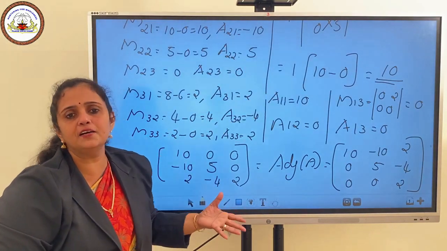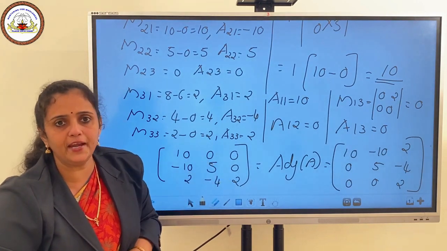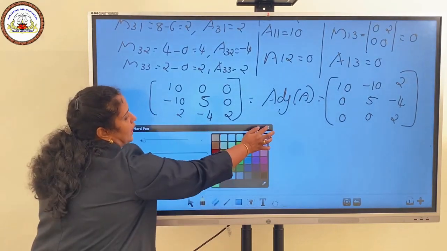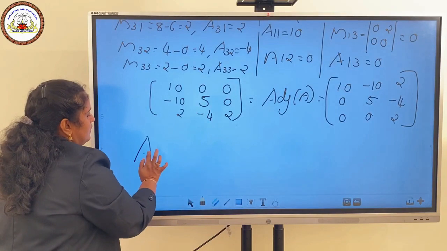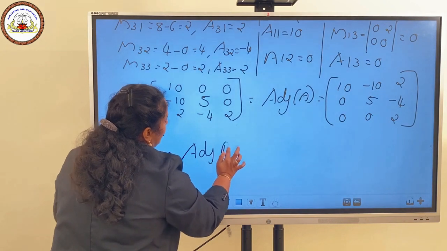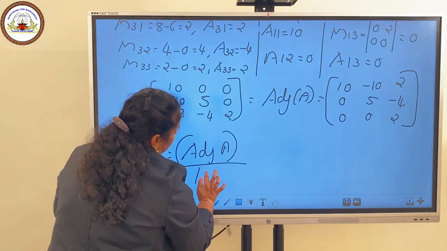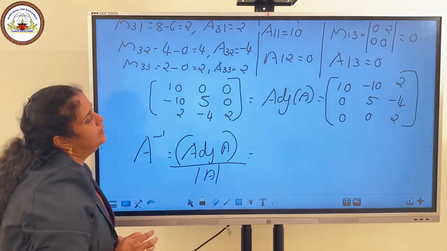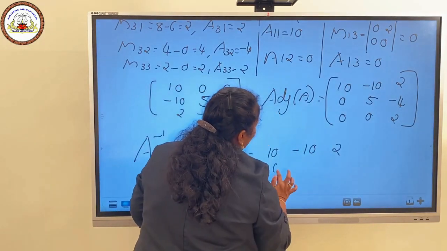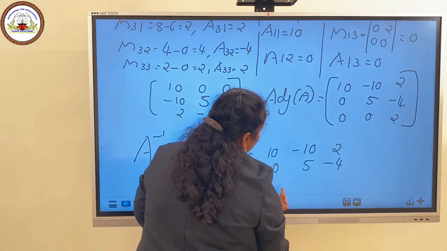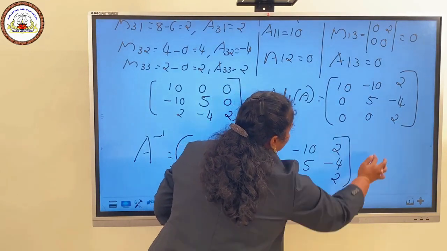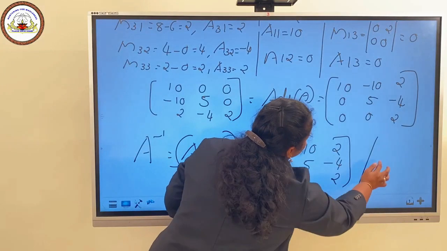Then we can find the inverse. A inverse is equal to adjoint of A divided by determinant of A. That is, we write the formula A inverse is equal to adjoint of A divided by determinant of A. The adjoint of A is 10, minus 10, 2, 0, 5, minus 4, 0, 0, 2, divided by the determinant of A, which is 10.